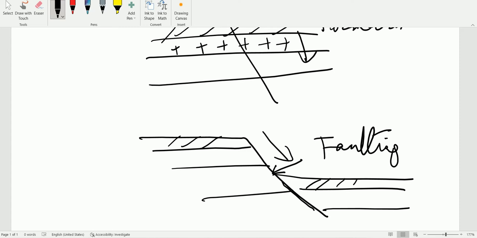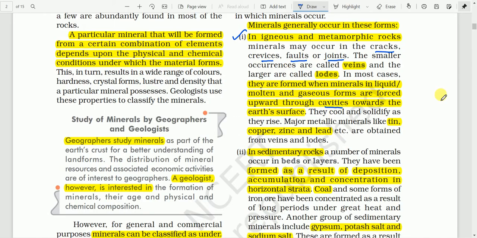Okay, so minerals also may occur here along this fault line when the magma rises along this fault line. So in this way, minerals occur in the igneous and the metamorphic rocks. Okay, as soon as they rise upward, they will cool and solidify, and will form the minerals.